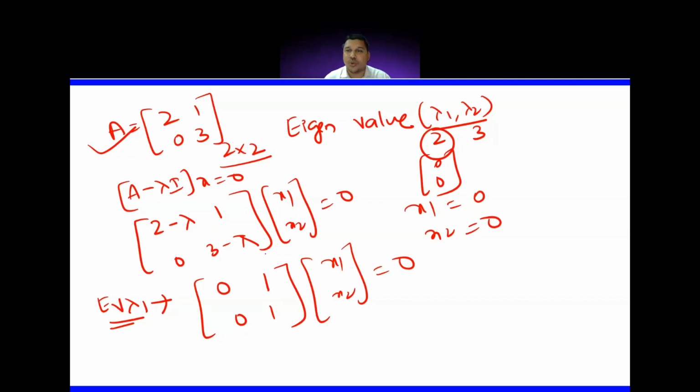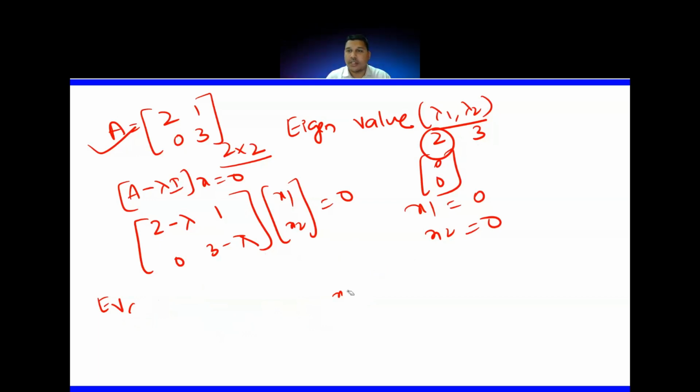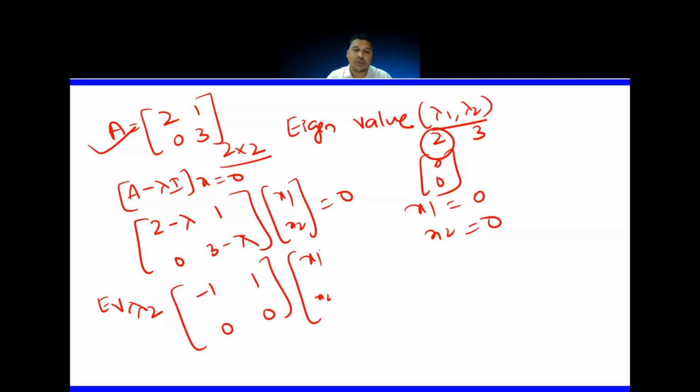Same thing, let's do for the second eigenvalue. Let's find the eigenvector for the second eigenvalue. So the eigenvector for lambda 2: substitute 3 here. So 2 minus 3 is minus 1, 1, 0, 0, times x1 x2 equal to 0.